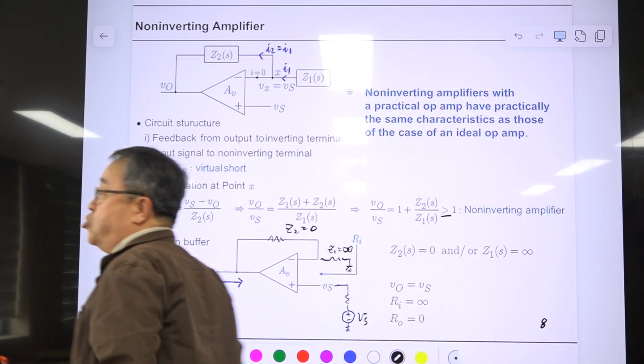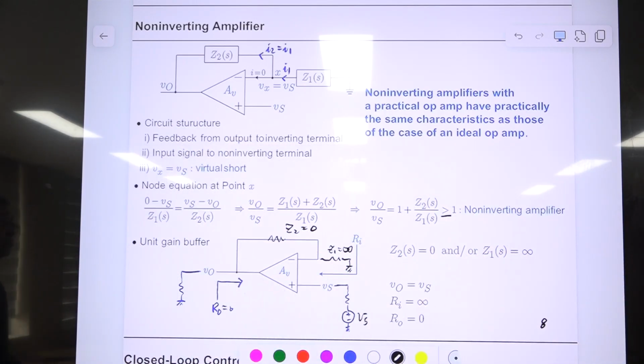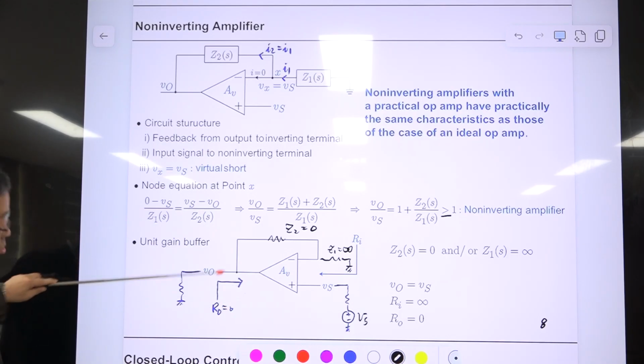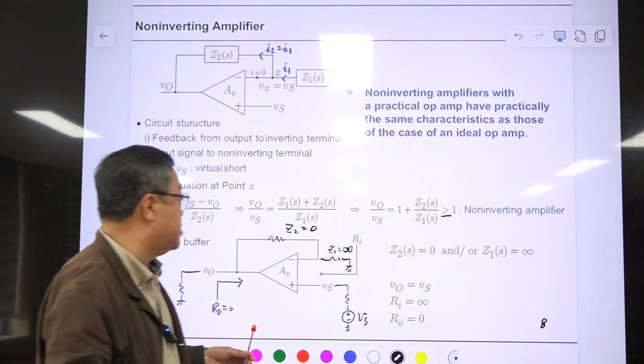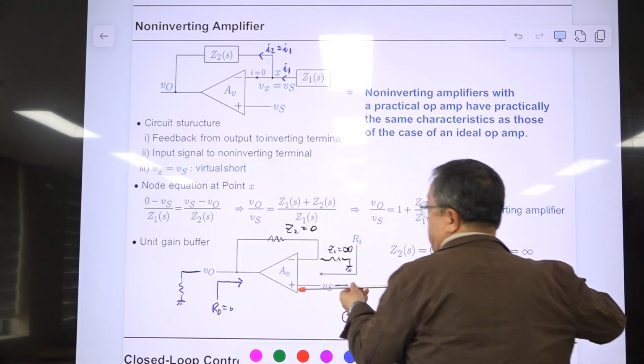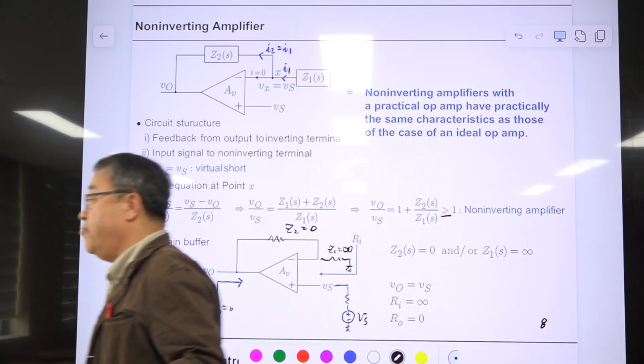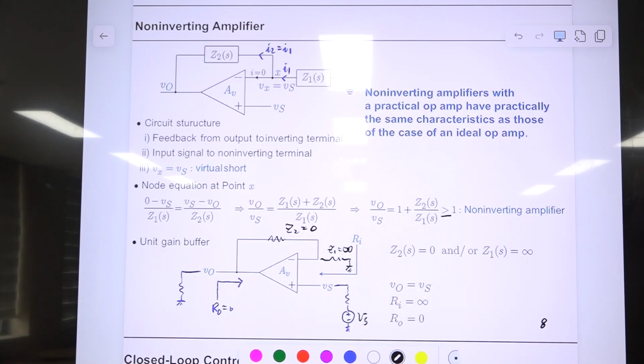So this is a very useful configuration, and the output resistance of this is very small, ideally zero, and the input impedance of this is infinity, very large or infinity. So that is the ideal case for the voltage buffer, right?